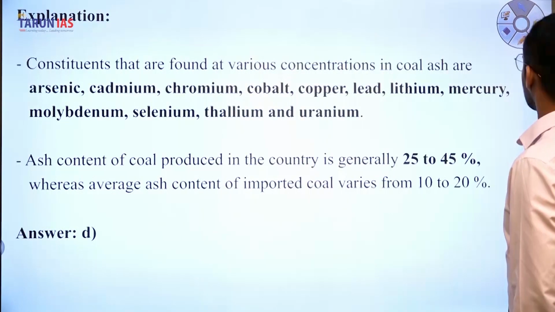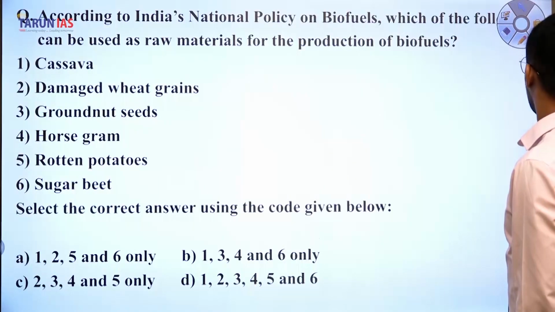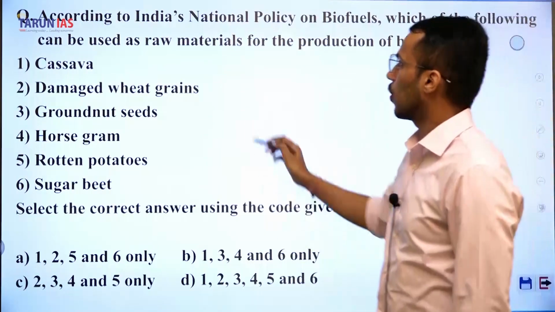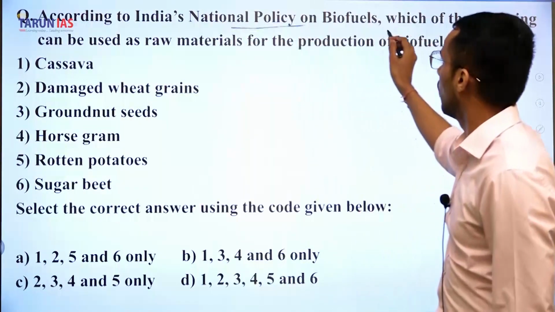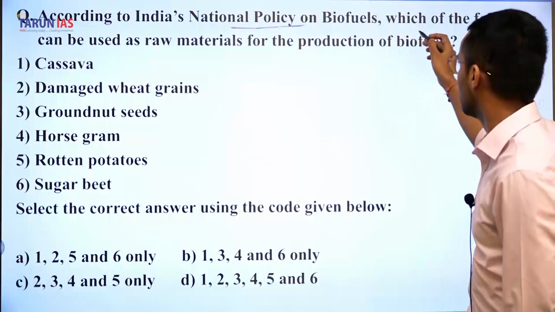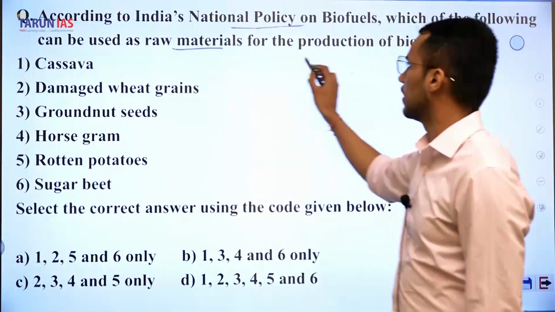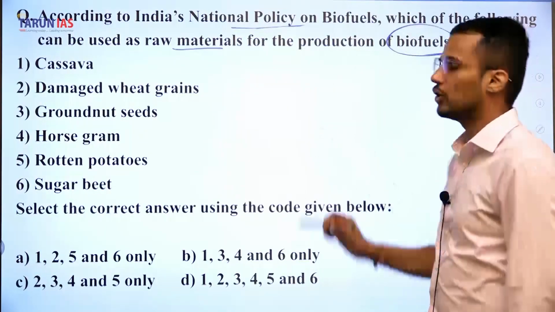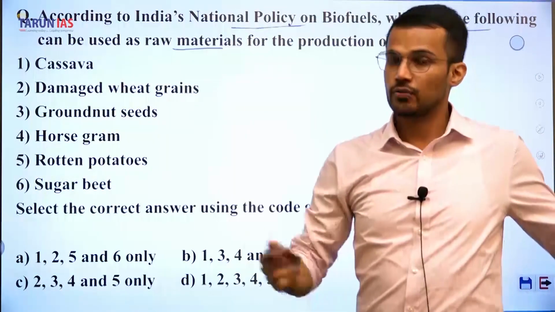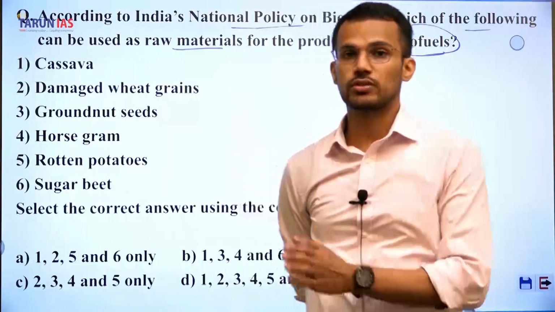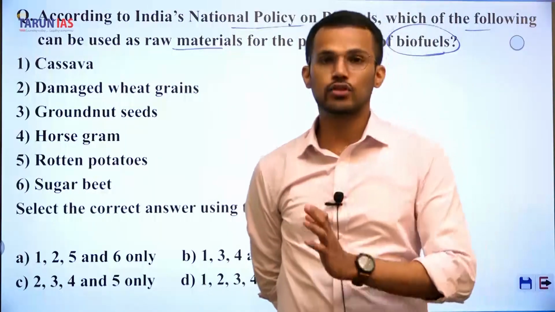Next question. According to India's National Policy on Biofuel given in 2018, which of the following can be used as a raw material for production of biofuels in India? Again, we have discussed one question related to biofuel, and this question is also related to biofuel.